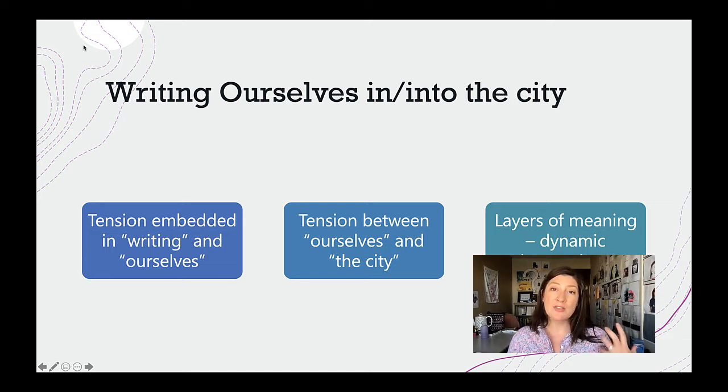So writing, as we know, is a very complex, multi-layered process that happens both inside a person, silently within their cognition, and can happen in an embodied way. Then the body of the writer exists in space and time, in a location, such as my office where I am right now, in the city of Detroit, or any city, really.